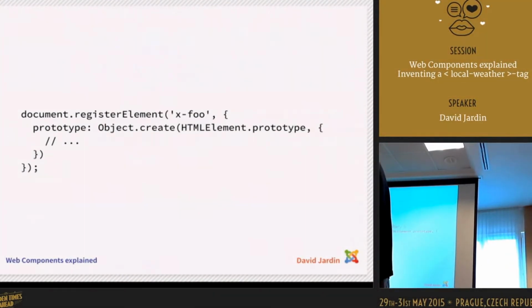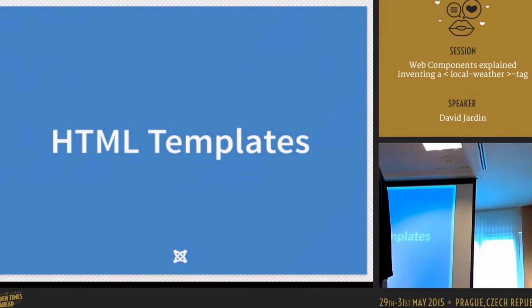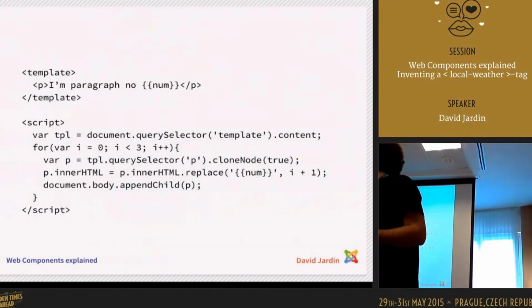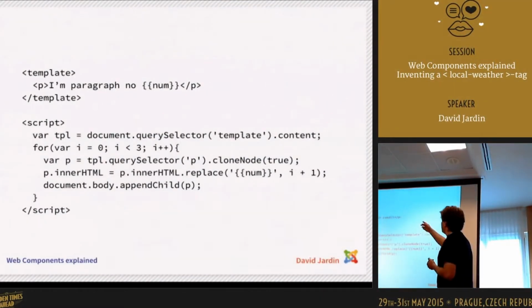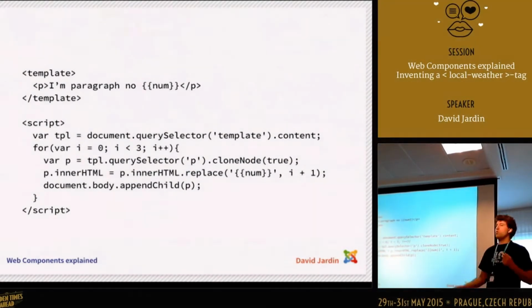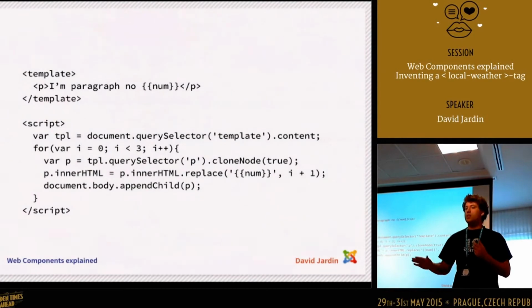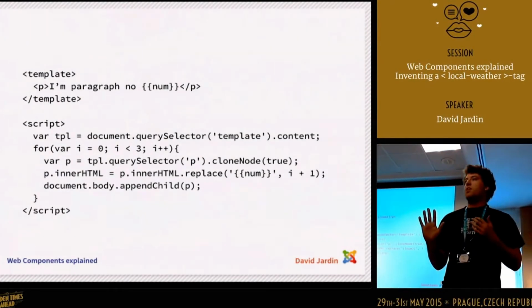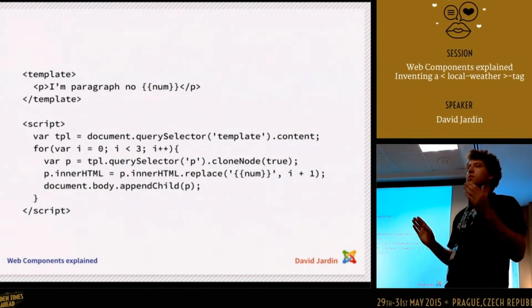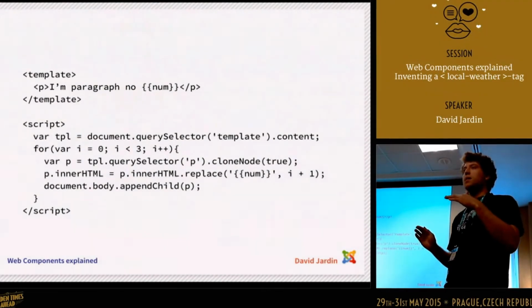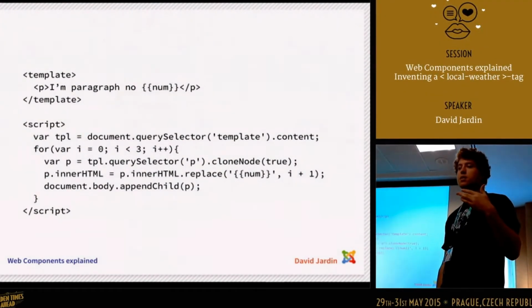The next building block are HTML templates. We have a template tag up there, and if you copy and paste this block into your browser, nothing happens by default, because the stuff that's in the template tag isn't displayed.